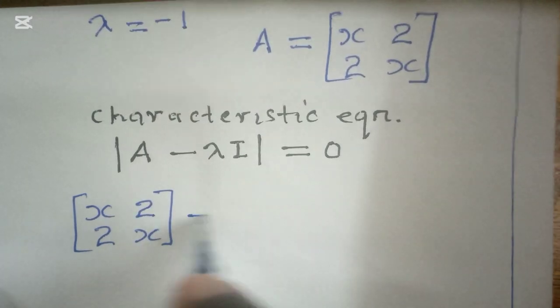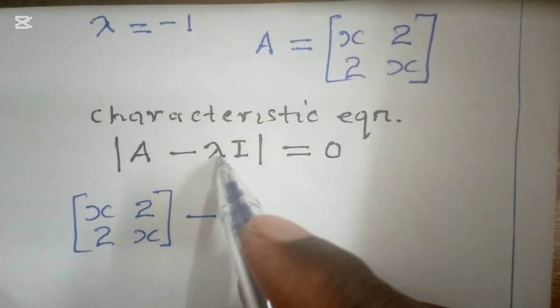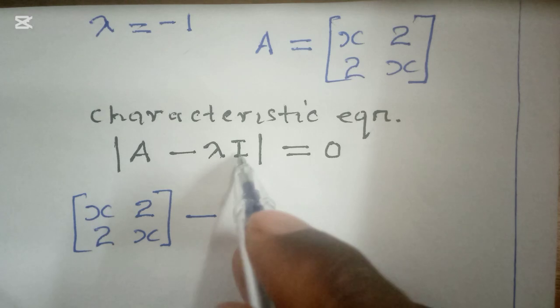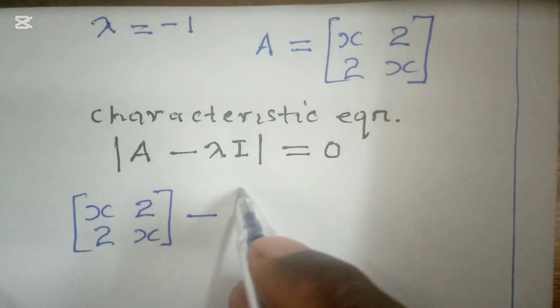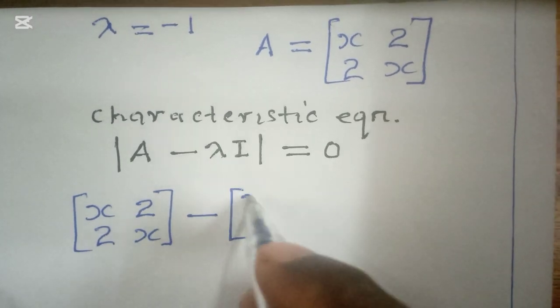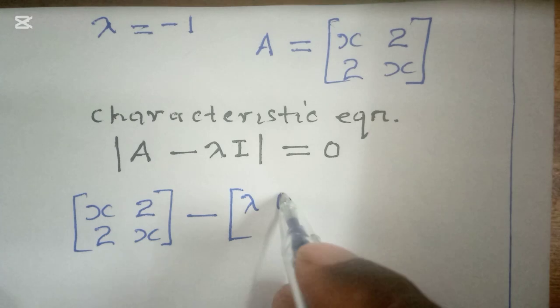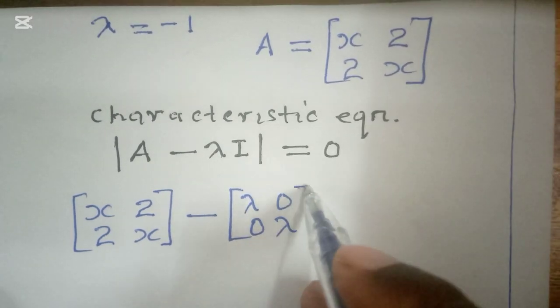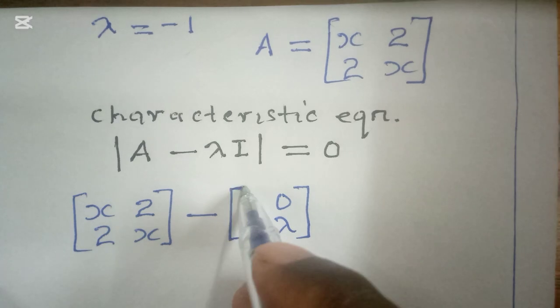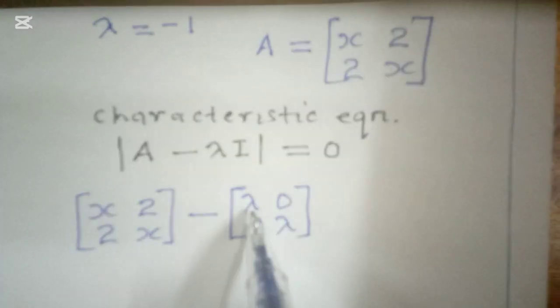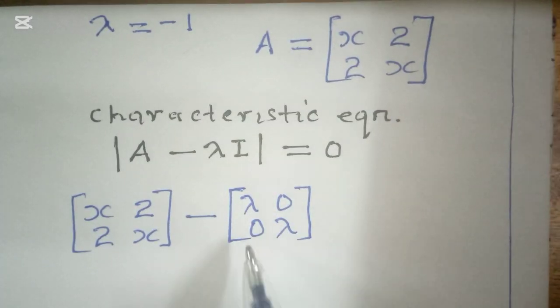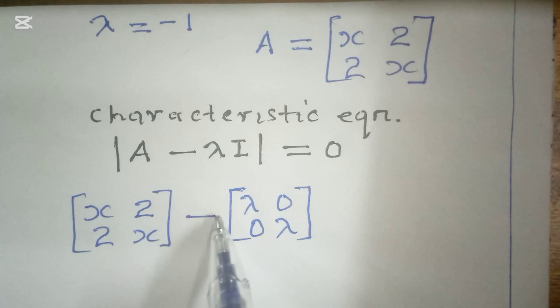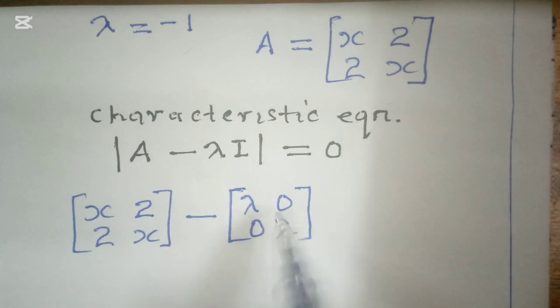Now I subtract lambda multiplied by the identity. Multiplying that, you are going to have lambda, 0, 0, lambda. I believe you are able to understand that because for the identity we have 1, 0, 0, 1. So if we multiply by lambda, this is what we get.